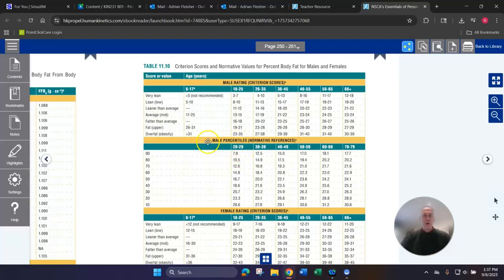What the table below that shows is this. If we look at it and say, okay, our same 50-year-old man is at 18%, that tells you they would fall at roughly the 85th percentile, meaning that their body composition is better than 85% of the other males within that age group.